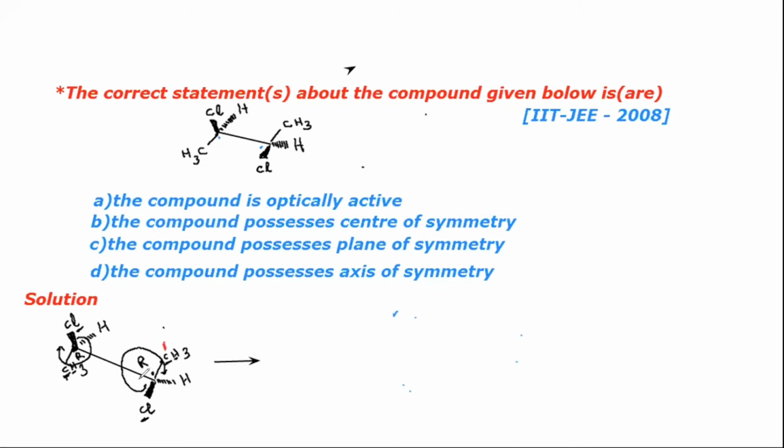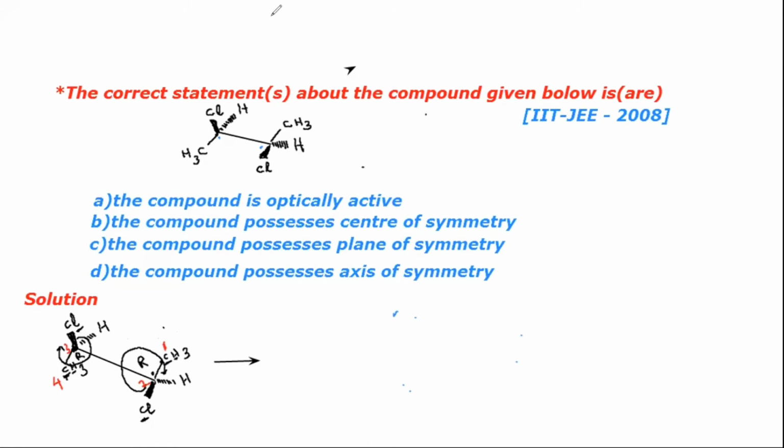That means select the principal chain 1, 2, 3, 4, with 4 carbons, this is the principal chain. Or you may give numbering from this side also. Here 1, here 2, here 3, here 4. Of course, you may give numbering from either side, and you'll get the same numbering. Why? Because the Cls are at the same locations from either side. So you may give numbering from this side or from this side, no problem.